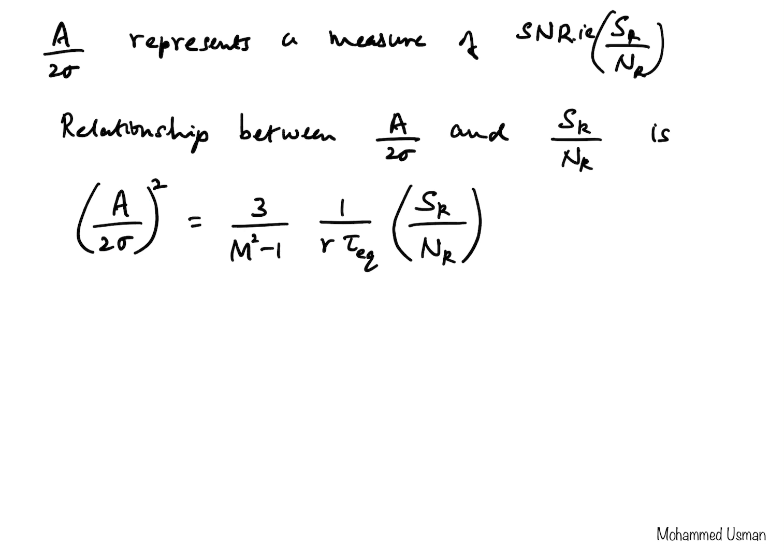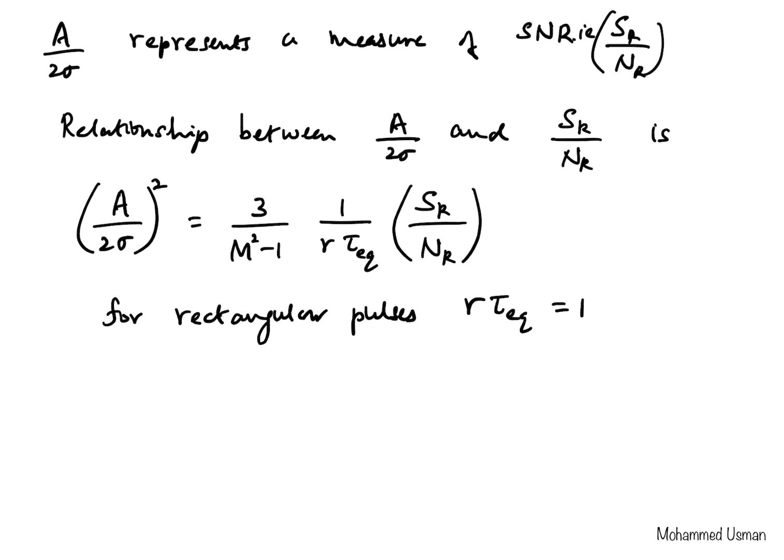Now we can further simplify this. For rectangular pulses, this term R times tau equivalent is equal to 1. We've seen that earlier, because for the rectangular pulse, the impulse response of the matched filter has an amplitude of 1 by tau equivalent and the width is tau, and tau equivalent turns out to be equal to tau, so the area becomes equal to 1.